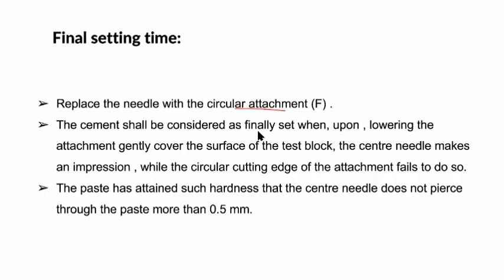The cement should be considered as finally set when, upon lowering the attachment gently to cover the surface of the test block, the center needle makes an impression while the circular cutting edge of the attachment fails to do so.